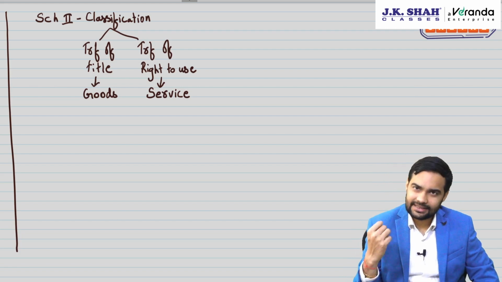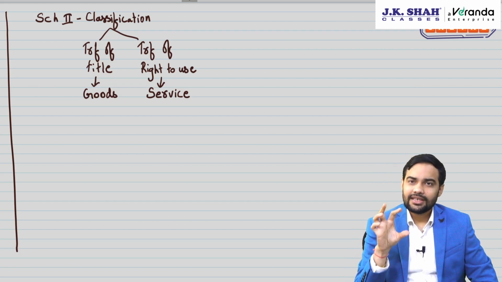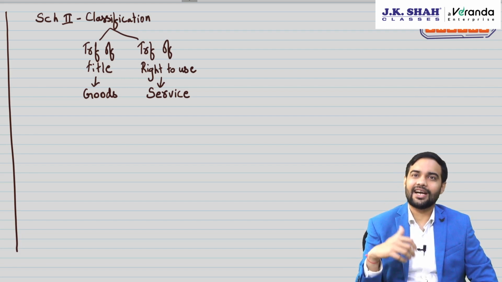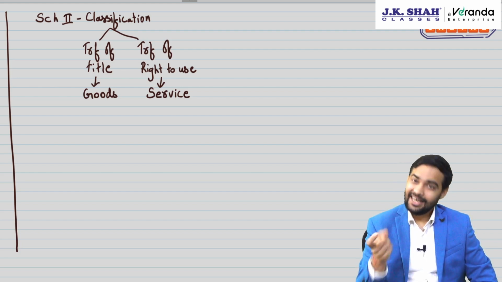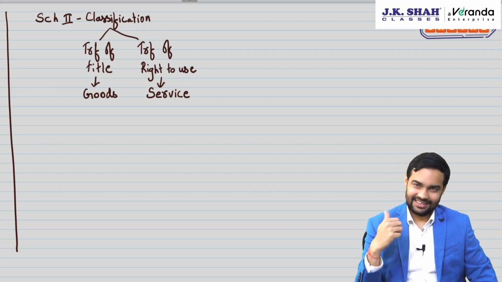We'll take some examples. Say suppose title of the goods is transferred at a future date, like hire purchase, it will be regarded as supply of goods, because though title is getting transferred at a future date, title is getting transferred and hence it is supply of goods.